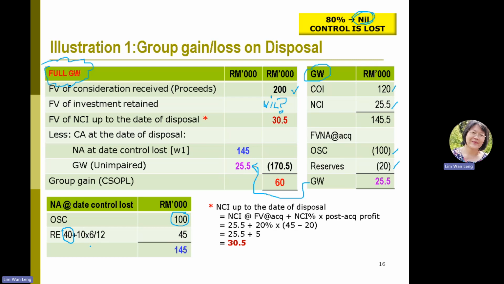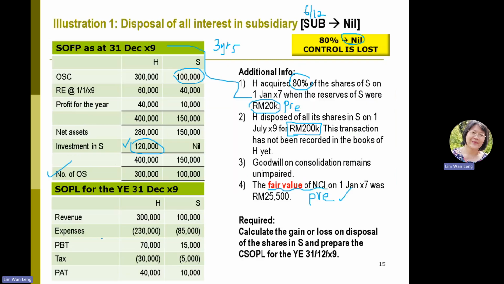Where do we get this 140 from? This is the 100, this is the 40. Okay? But we cannot use 150. Why? Because 150 is the status as at 31st December X9. But we don't have the status until the year end. Our status chopped off 6 months into the year.